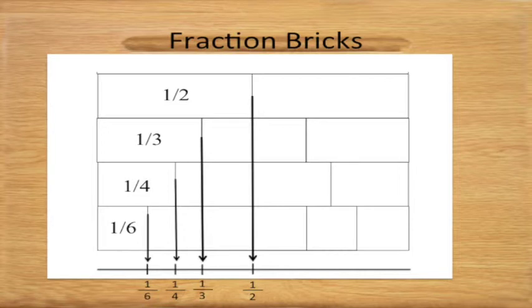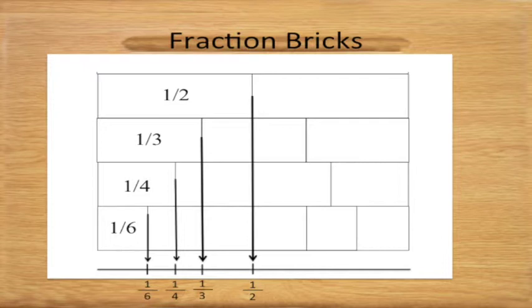And you can see that we are partitioning the unit into different segments. And if we draw a line down, you can see the comparison, which now gives the students the ability to order the fractions from the smallest to the greatest, or the greatest to the smallest, depending upon which way you want to look at it.